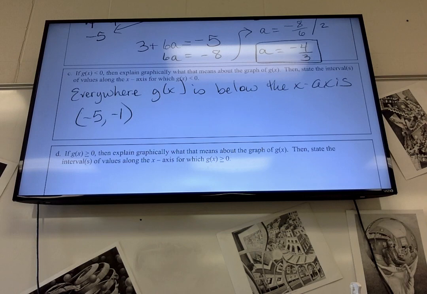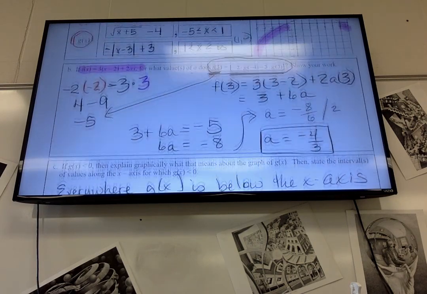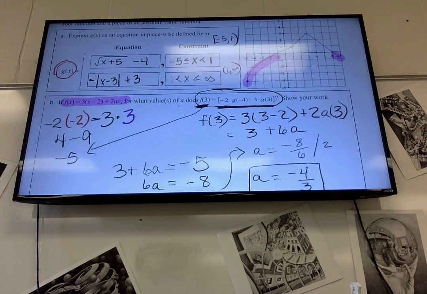Remember, we didn't include the endpoints here because at the endpoints it's not actually below. Well, I would include the endpoint -5, since -5 is indeed below it, but I wouldn't include -1, because -1 is at 0. And then it looks like it's from 6 to infinity.